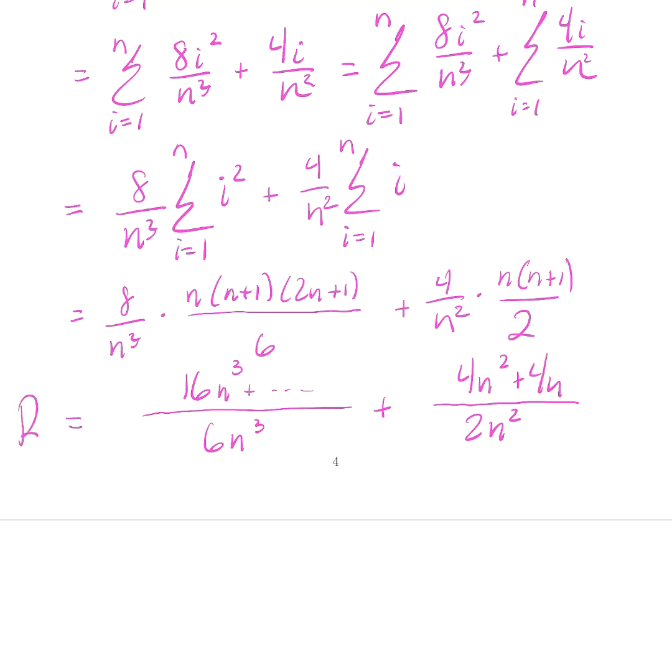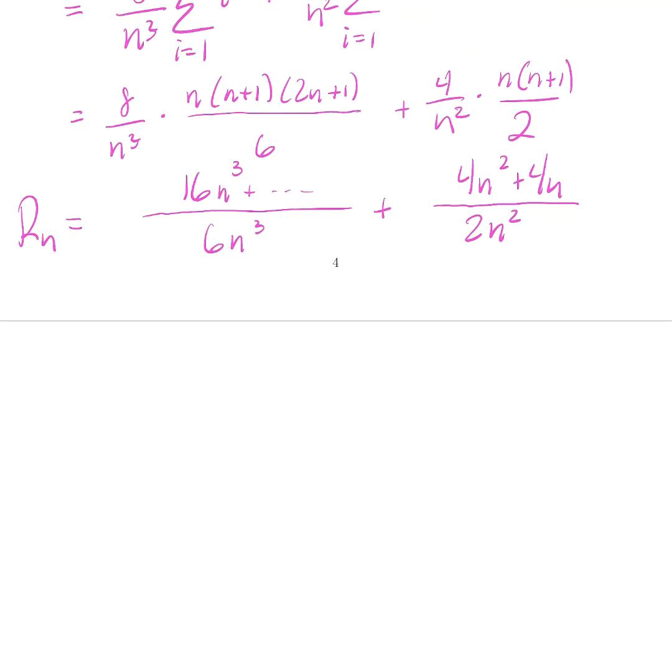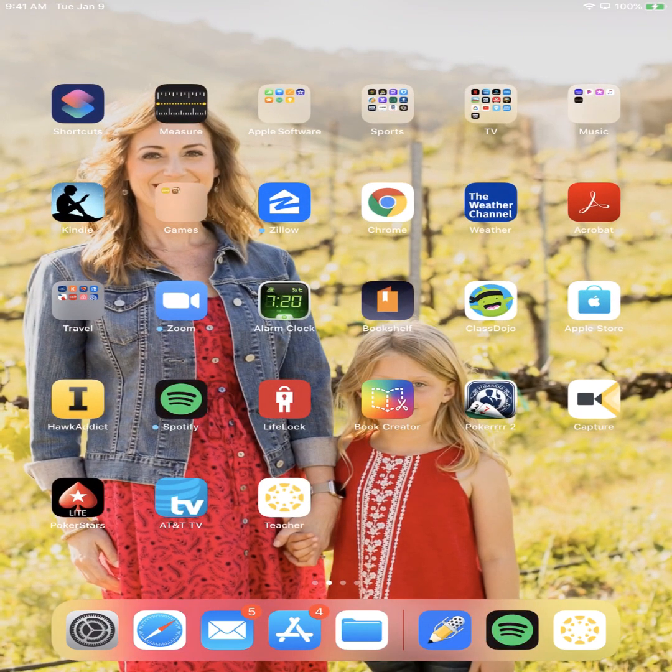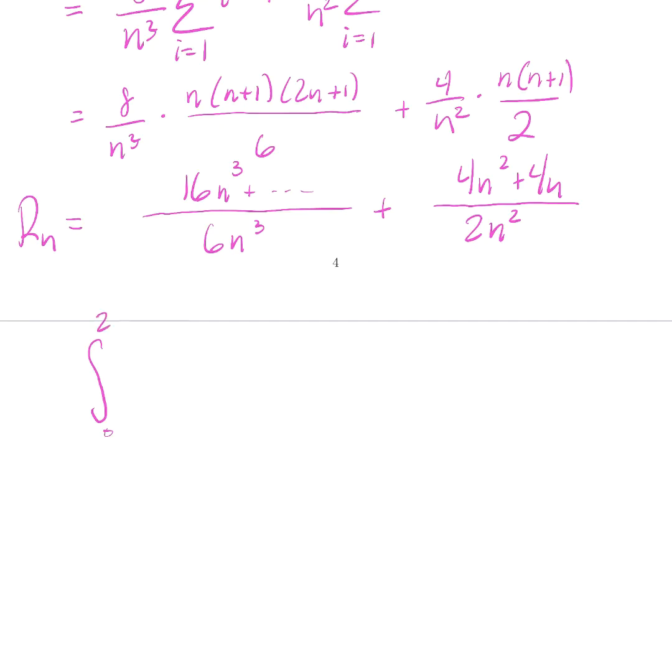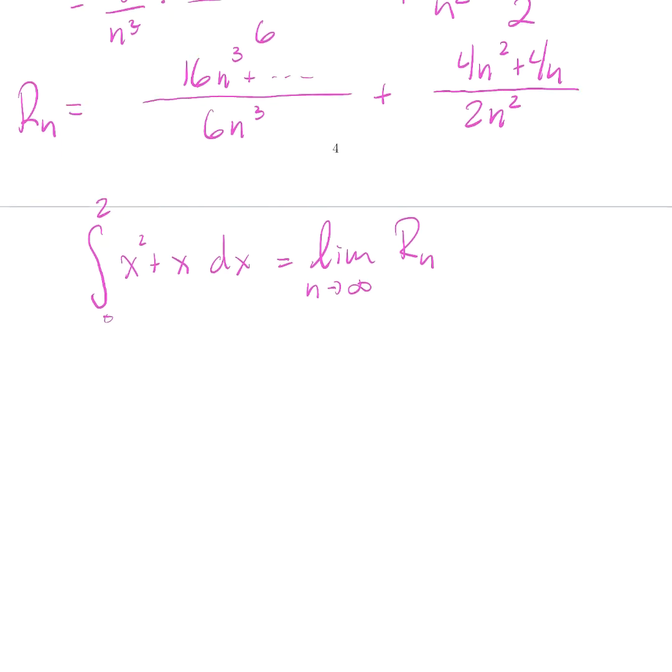So this is our Rn, and that tells me then that the integral from 0 to 2 of x squared plus x dx is the limit as n tends to infinity of Rn. So that is the limit as n tends to infinity. Well, I can break that limit up at the plus sign. We saw that a long time ago also.